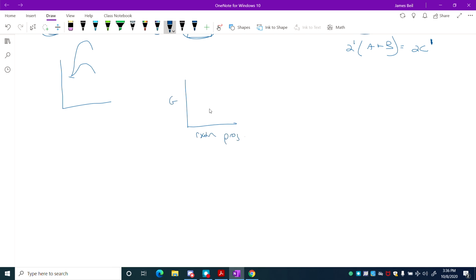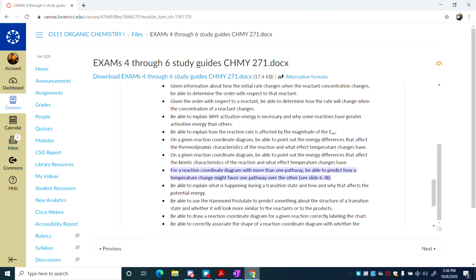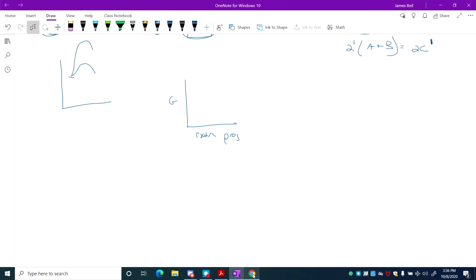How can I use temperature to control which pathway occurs? So, for example, if one pathway has a lower activation energy than the other, and this one has a higher activation energy, if I keep the temperature low, that will favor the lower activation energy.